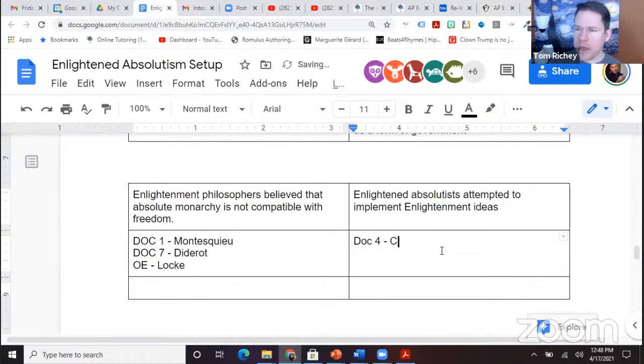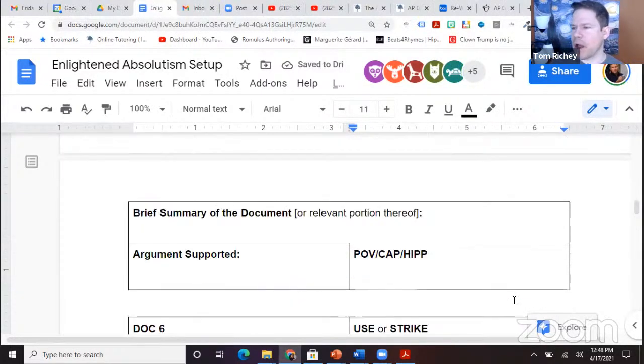Probably not somebody that you would be familiar with. Charles III of Spain expels Jesuits. And here you can go for historical context. So when we look at document 4, and let me see what we've got here real quick.